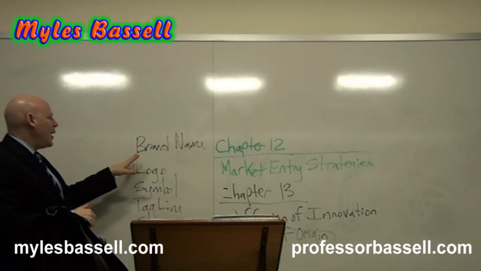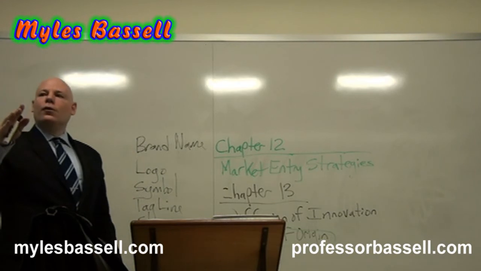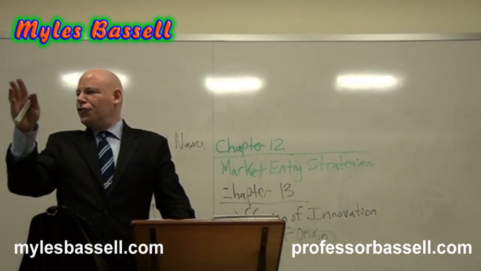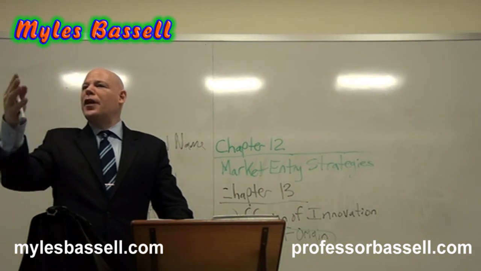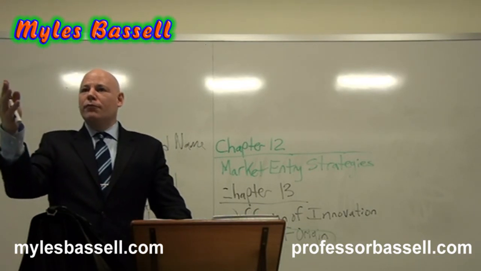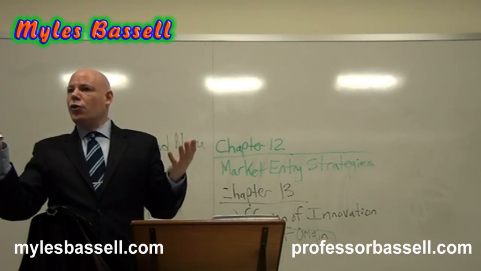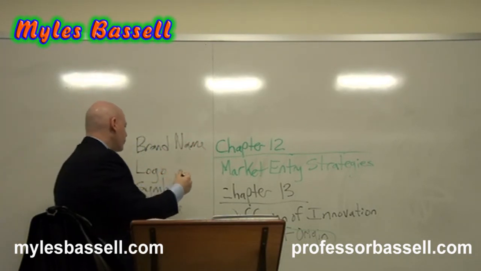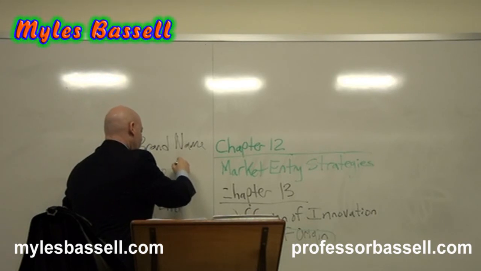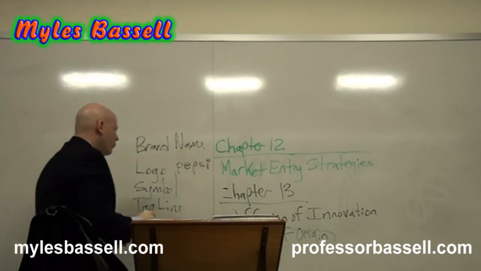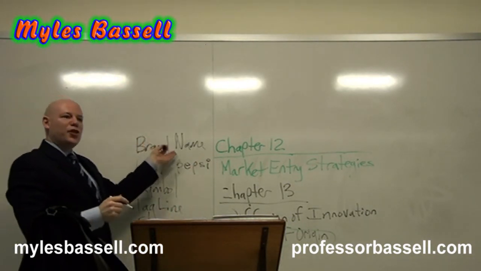Once we develop the brand name, we create a logo. What is the logo? The logo is a visual representation, a graphic representation that communicates the brand name. So basically, the brand name is Pepsi.